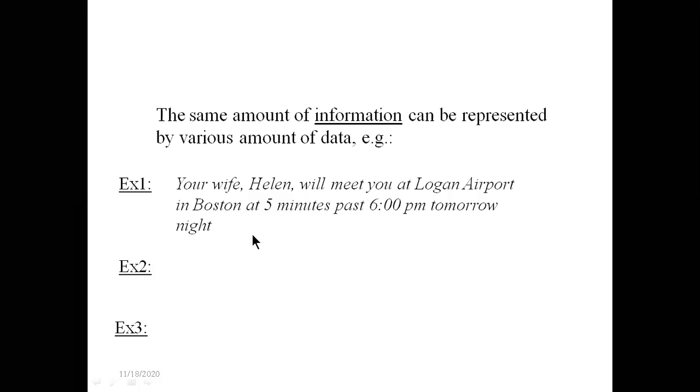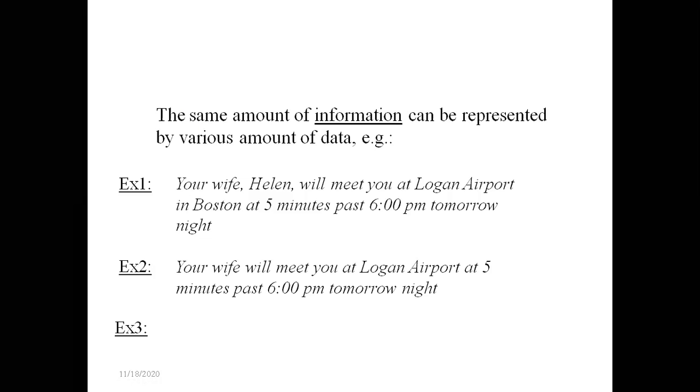Okay, so the same information is conveyed by using less data in comparison with the previous two. So that means the same amount of information can be represented by various amounts of data.